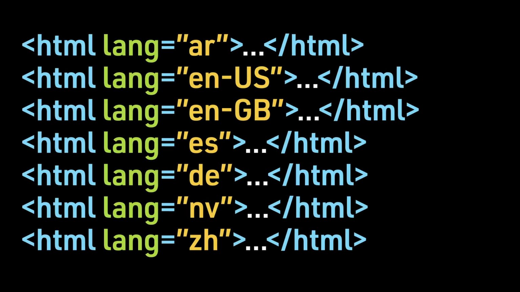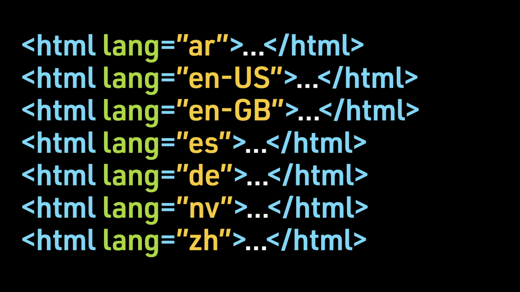HTML opening tag, lang equals AR in quotation marks, HTML closing tag. HTML opening tag, lang equals en-us in quotation marks, closing HTML tag. HTML opening tag, lang equals en-gb in quotation marks, HTML closing tag.